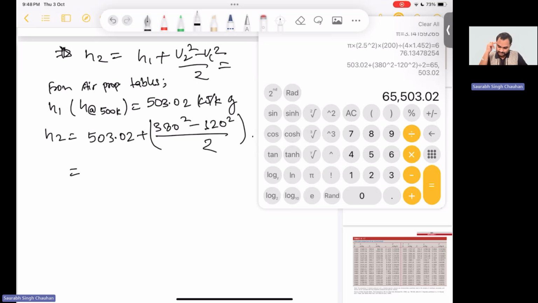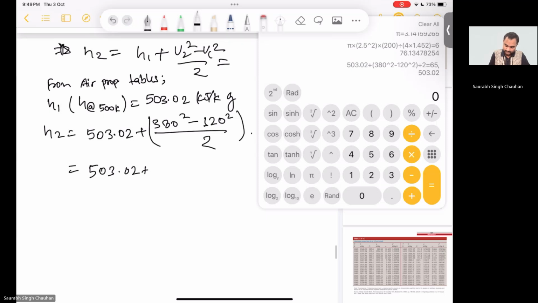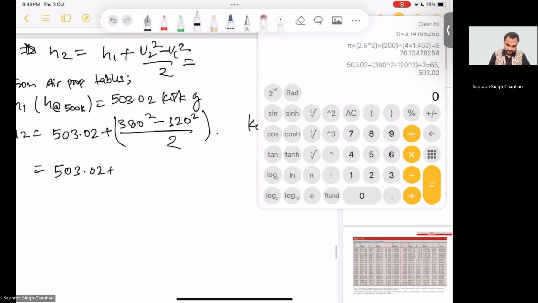So why are we getting this large value? I think there is some mistake. Yes, we will have to divide it by 1000, right?